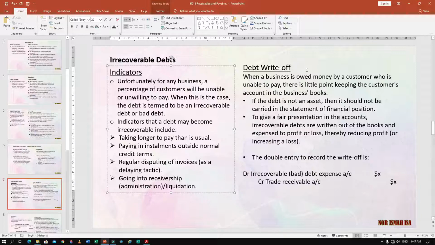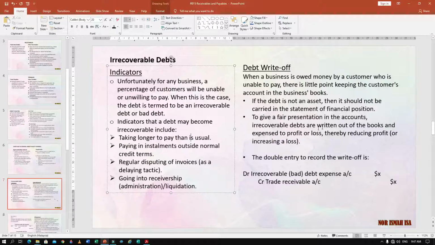So when a business is owed money by a customer who is unable to pay, there is little point keeping the customer account in the business books. If the debt is not an asset, then it should not be carried in the statement of financial position.